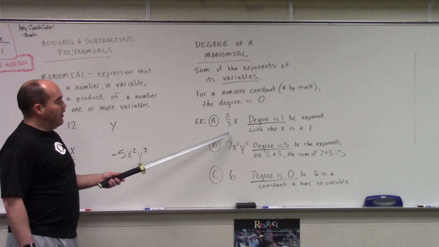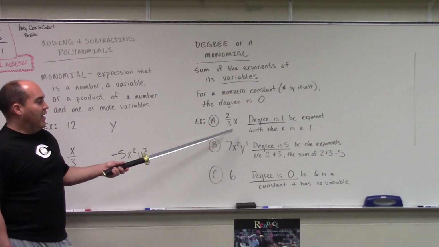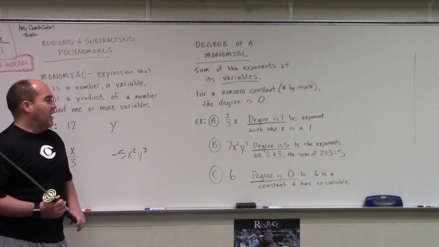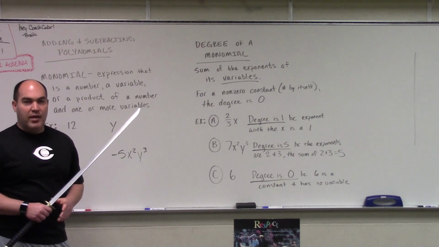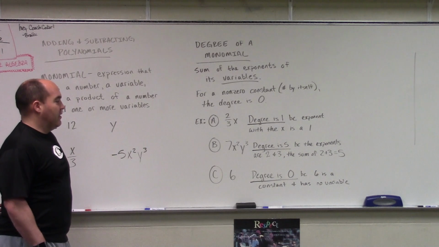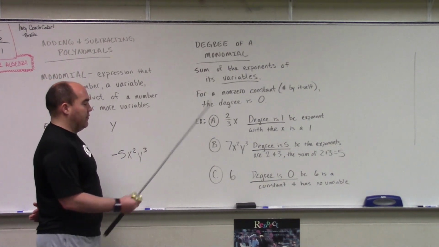First off, we have 2/3 x. The degree would be 1, because the exponent with the x is a 1. We don't ever write a 1 as an exponent, but it's understood to be there, so the degree of 2/3 x is 1.